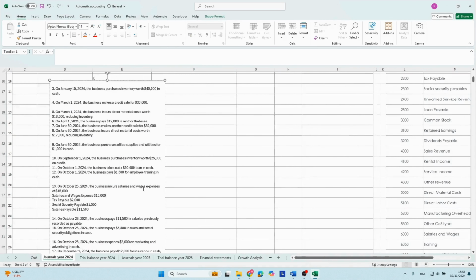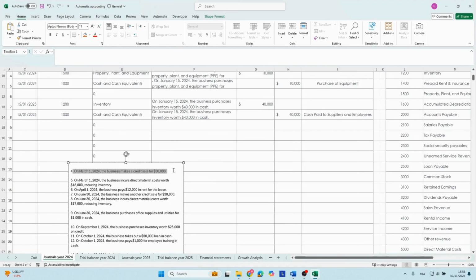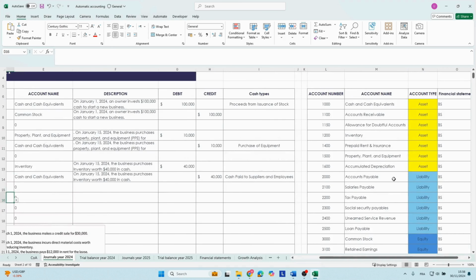Now let's move to the fourth transaction. On March 1st, the business made credit sales for 30,000. That means the company makes sales, we increase our sales, and the sales are made on credit. That means the customer hasn't paid us, so we cannot report it in cash and cash equivalents.